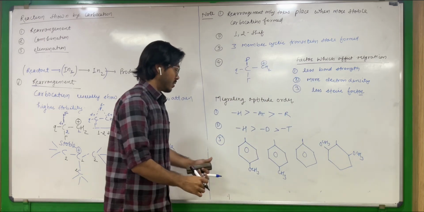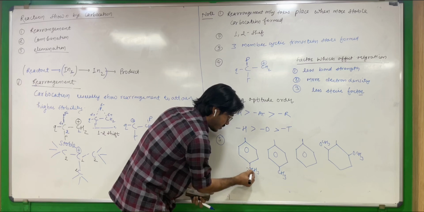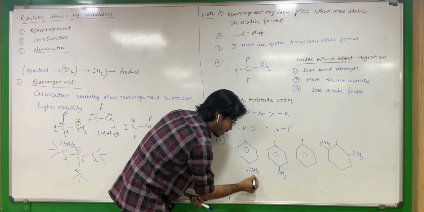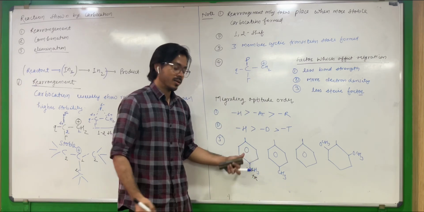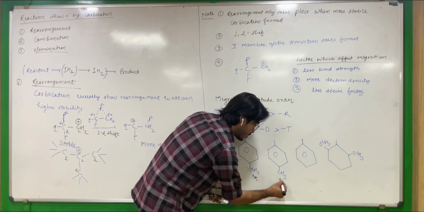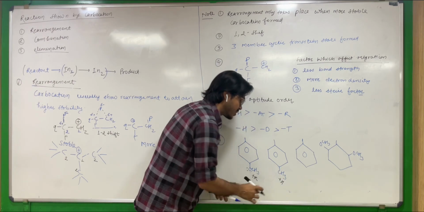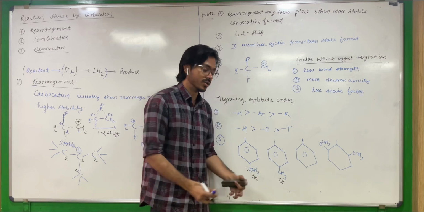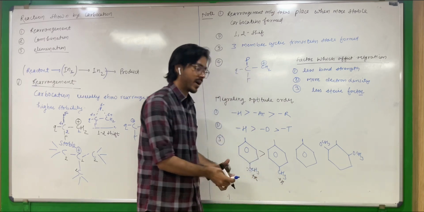Now see, this one, due to the plus R effect, has more electron density, and here it has a plus H effect. Between plus R and plus H, you know that plus R dominates. So this has more electron density, so this has more migrating aptitude.